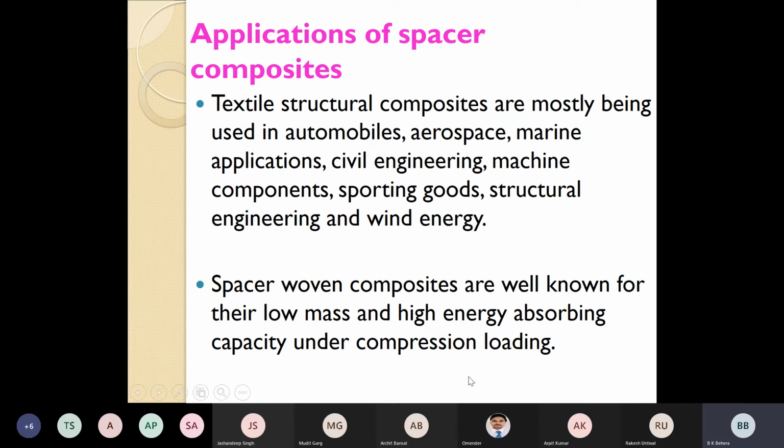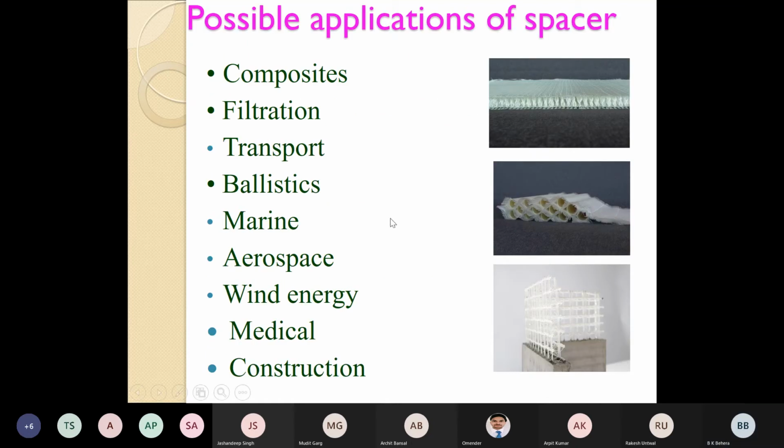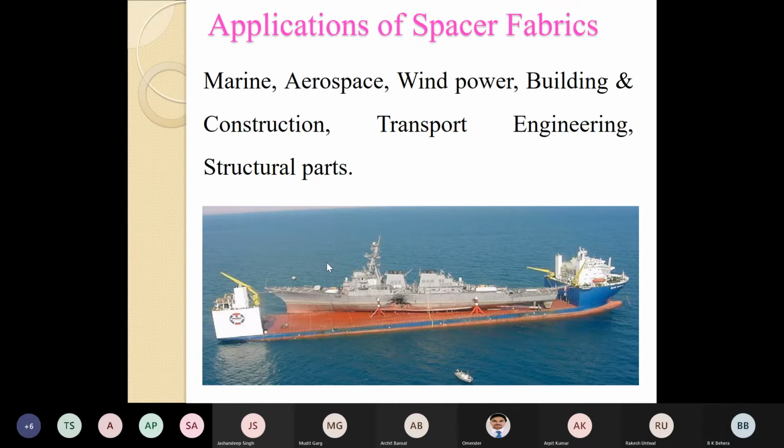So, what are those applications? Composite filtration, transport, ballistics, marine, aerospace, wind energy, medical, constructions. A special fabric used to make concrete building. Look at here, bottom diagram. I'll show you many applications. Look at this, the superstructure of the marine ship, not this bottom one.